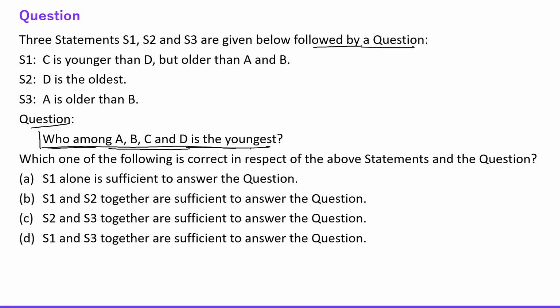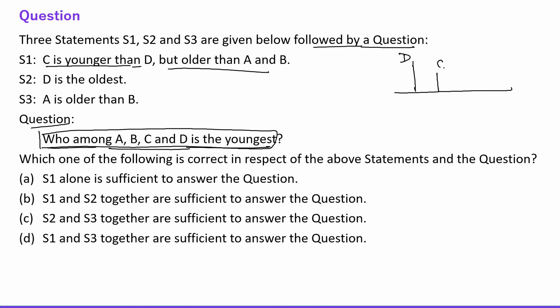Statement number 1: C is younger than D but older than A and B. So this is D. From statement number 1 alone we are not able to say anything.